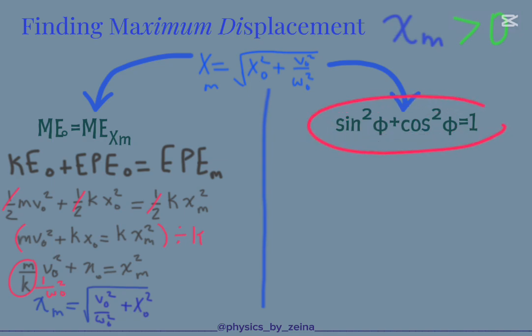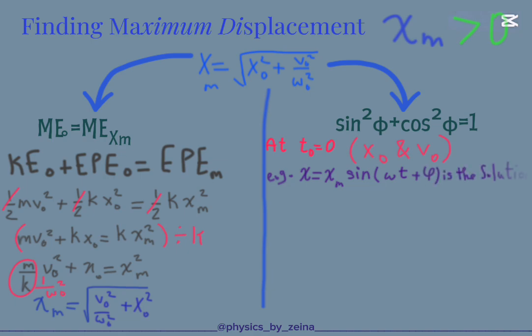Another method is using the fundamental trigonometric relation sine squared phi plus cosine squared phi equals 1. We find it at t equals 0 in terms of x0 and v0. For example, the given solution for the second differential equation is a sine function, x equals x max sine omega t plus phi.